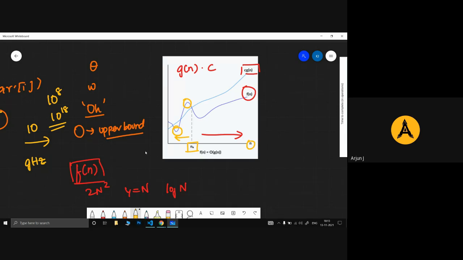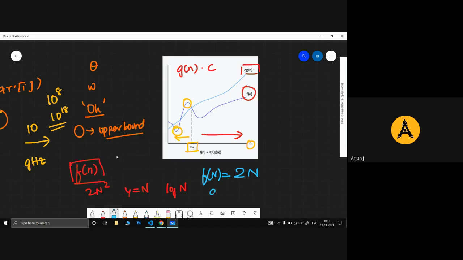So, for example, let's say the algorithm we have taken is taking n iterations. I'm going to say that you will be given an array of size n. You must iterate through it 2 times and print all the numbers. So the number of iterations will be 2n. Now let us take f of n equals 2n.